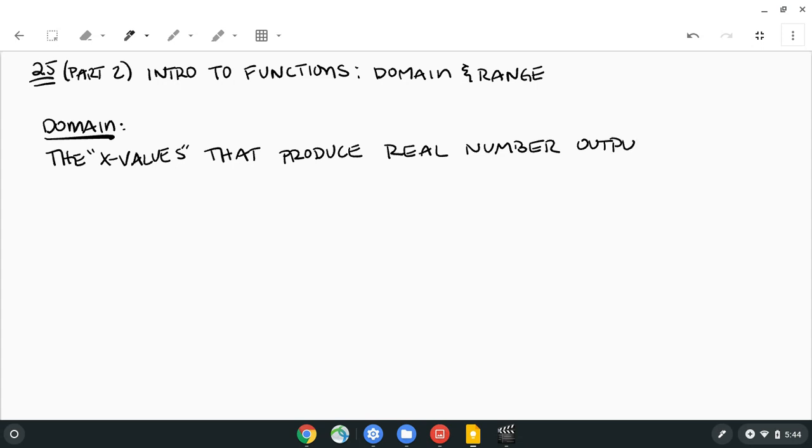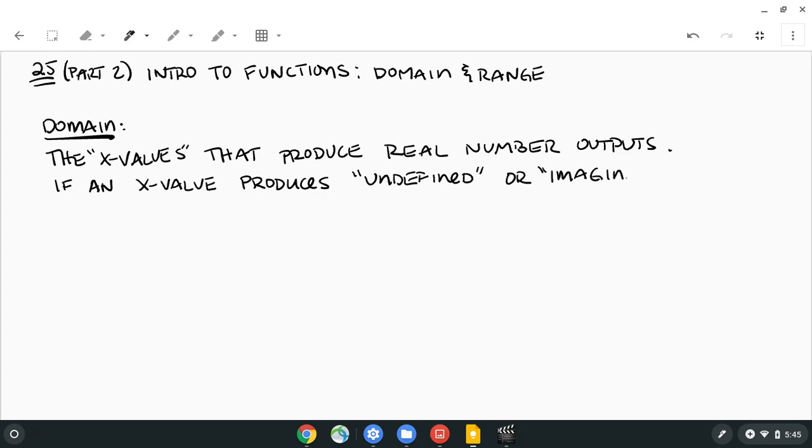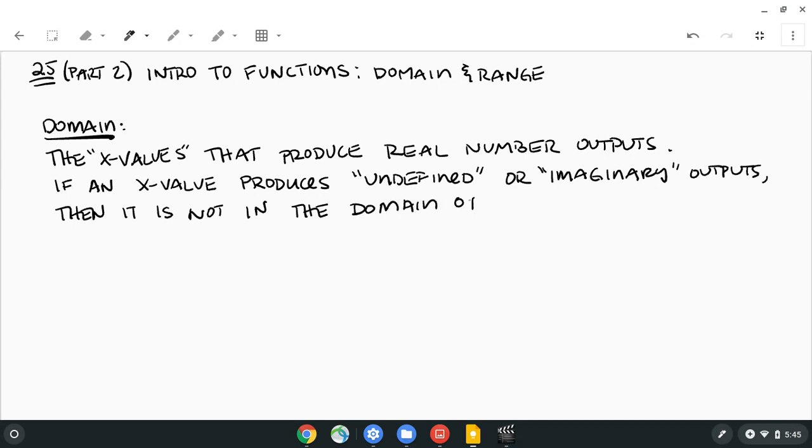If an x value produces undefined or imaginary results or outputs, then it is not in the domain of the function.